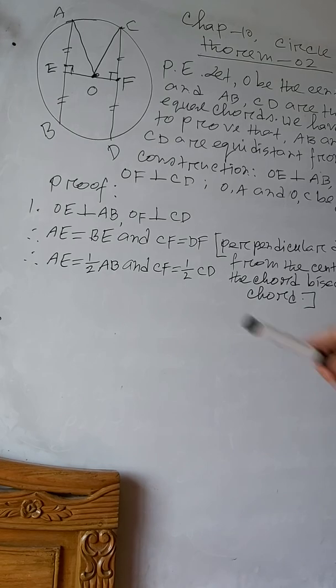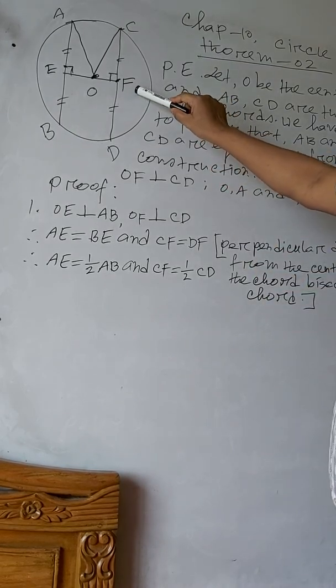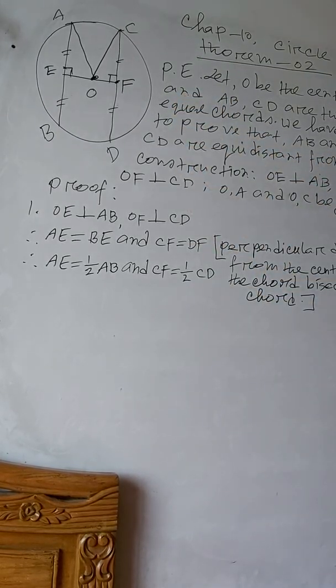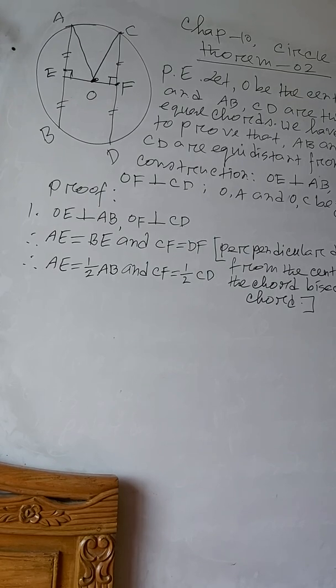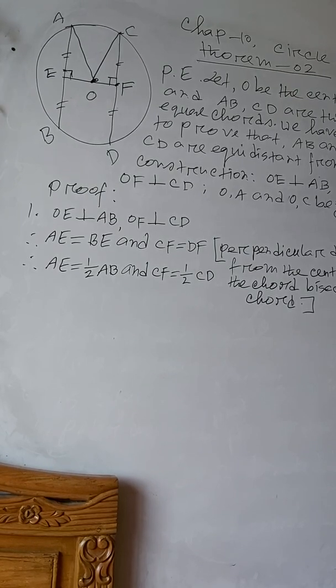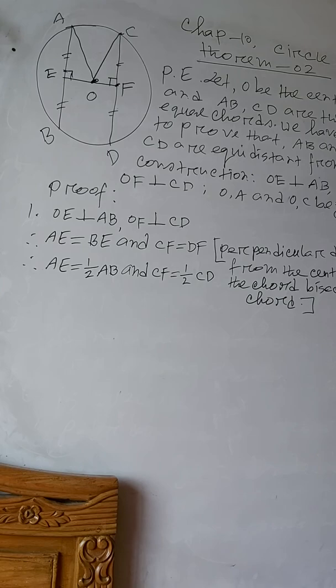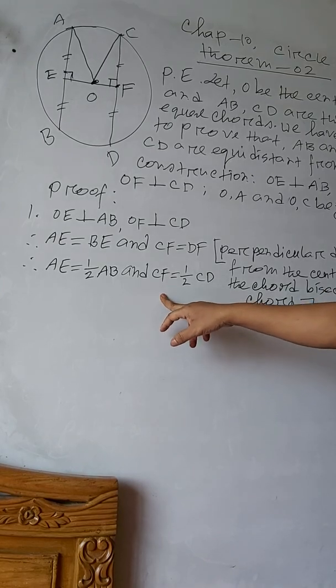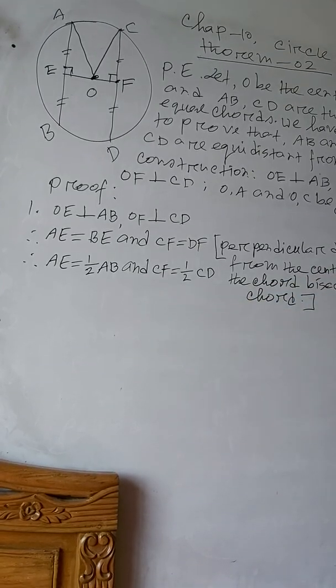CD is equally divided at the point F. That's why we can say that CF equals half of CD.